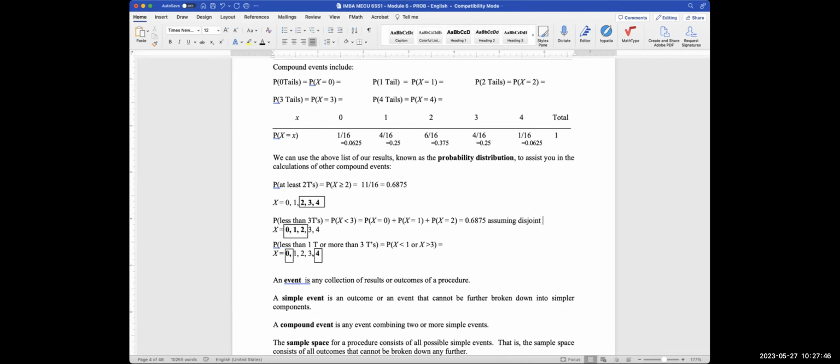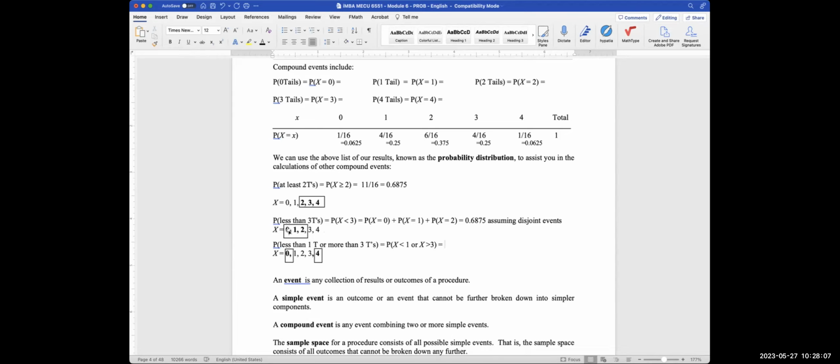You're assuming that they cannot happen at the same time when you're adding them like that. That's what you've assumed. It's only one or the other. Only one, mutually exclusive or disjoint.